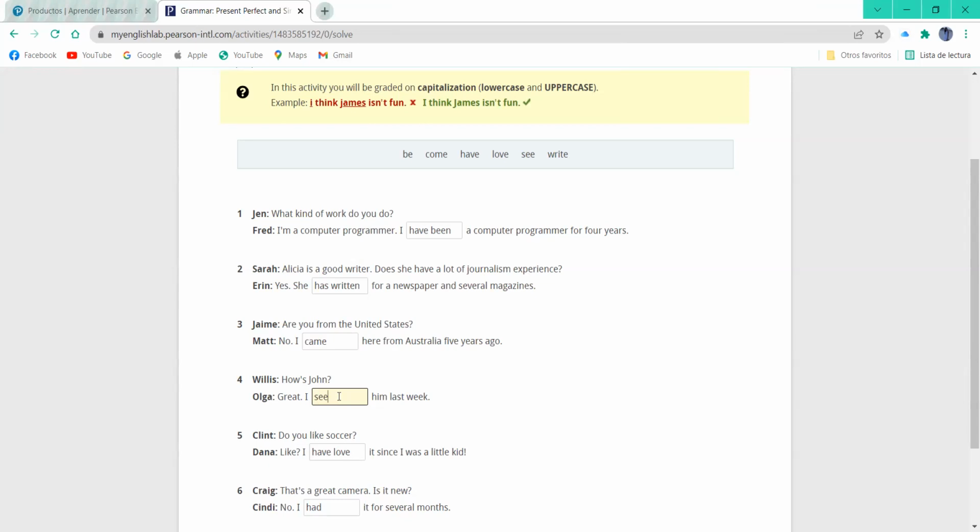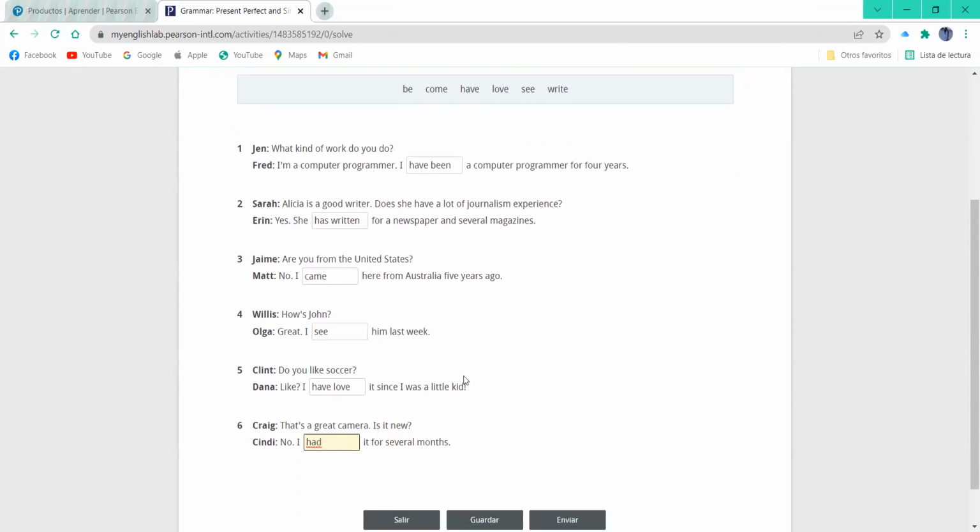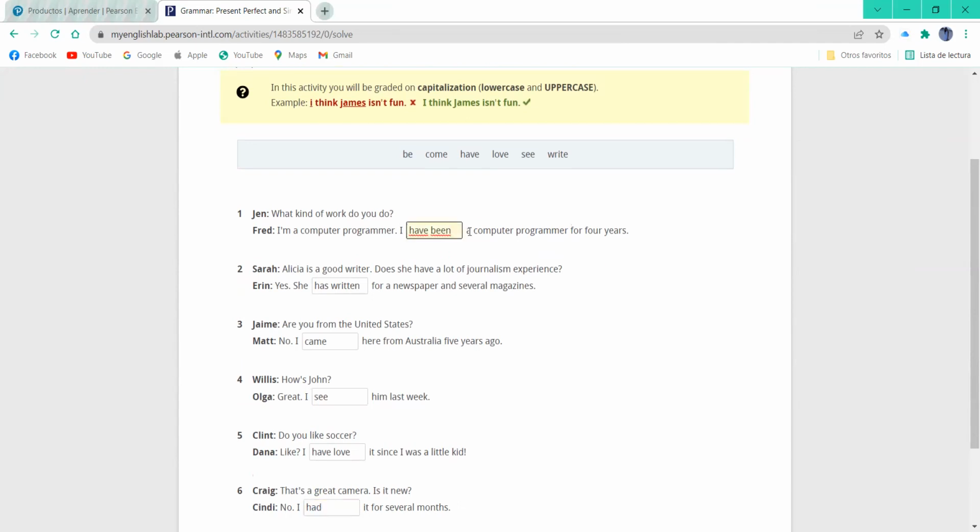No past participle. Okay. Yes. But what is the past of see? No, but that was okay. But in simple past, the past of see, so yes.